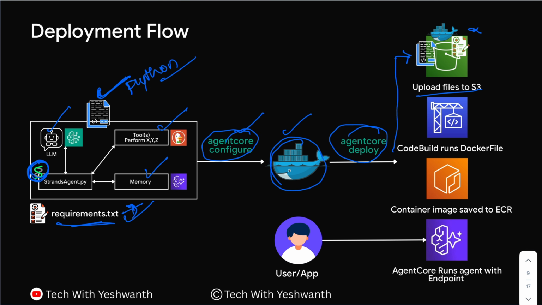Then it will go ahead and build the Dockerfile using CodeBuild. Then it will create that as a container image in the ECR, and then that will be deployed as an AgentCore. So AgentCore will run the agent with the endpoint. The users can go ahead and access that endpoint and access the agent itself. So this is how the deployment actually works, right?